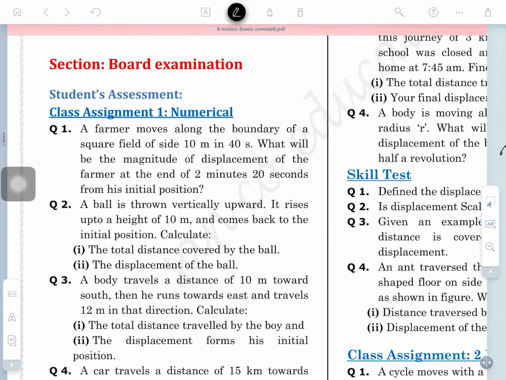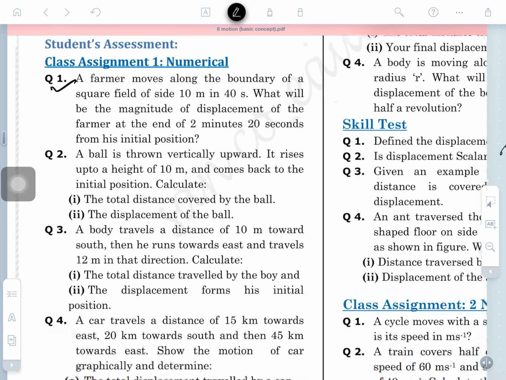The second question, a ball is thrown vertically, we have not solved yet. Actually, the purpose of telling these numerical questions is increasing a student's understanding about distance and displacement. Is that clear? Sometimes a typical question is there: is it possible for a body to have displacement zero but distance non-zero?